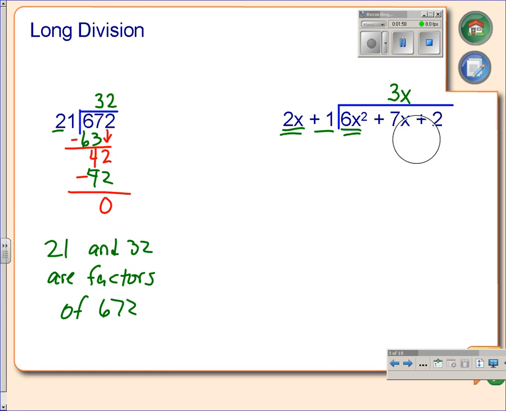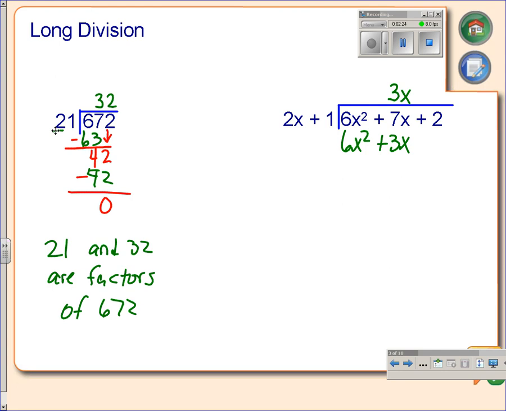This will also line up all of your linear terms in a column and all your constant terms and all your squared terms. So then we take 3x and we multiply it by 2x plus 1 in the same way that we multiplied 3 times 21 on our long division problem. So 3x times 2x plus 1 is 6x squared plus 3x.